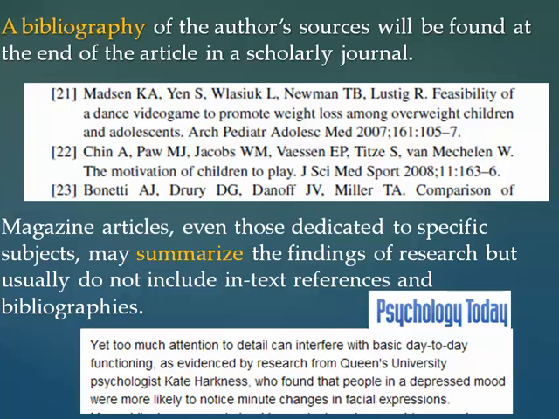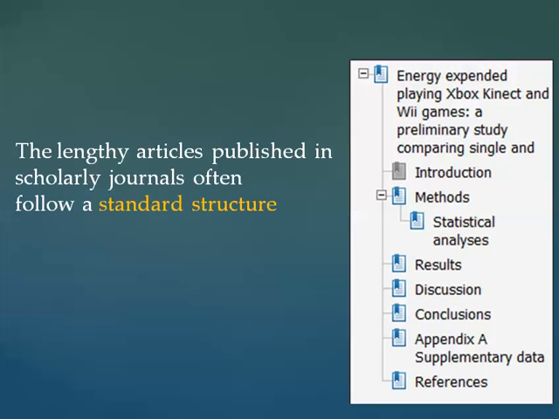Magazine articles, even those dedicated to specific subjects, may summarize the findings of research, but usually do not include in-text references and bibliographies. The lengthy articles published in scholarly journals often follow a standard organizational structure.